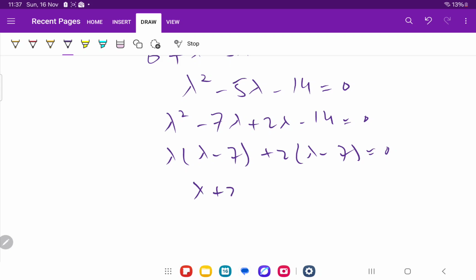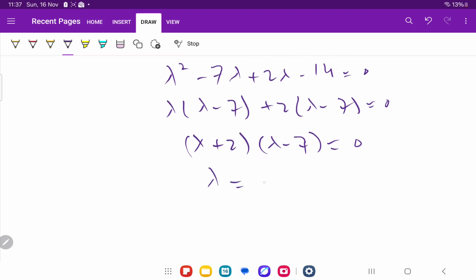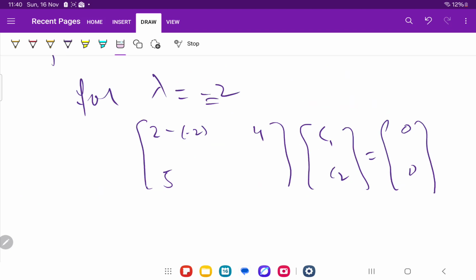So lambda plus 2 lambda minus 7 equal to 0, and lambda is equal to minus 2 and lambda is equal to 7. So these two values are the eigenvalues.